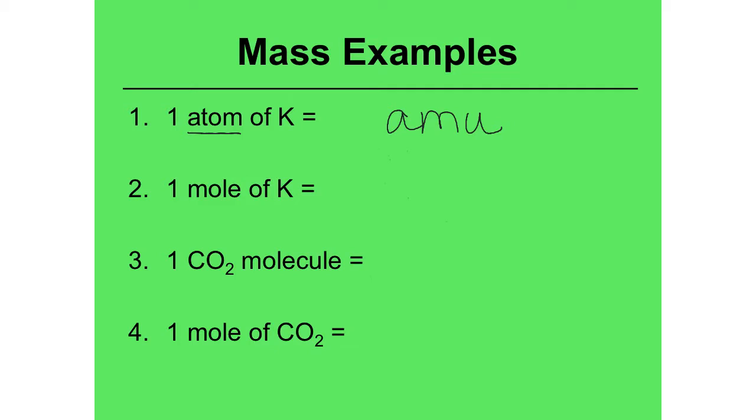That's in group 1, and it is 39.0983. So we'll go to the nearest tenth, so we'll say 39.1 AMU. If we have a mole of potassium, we would still have the same numerical value, but now it would be measured in grams because a mole is much more massive. We have a lot more atoms, 6.02 times 10 to the 23rd to be exact. So now the unit is grams.